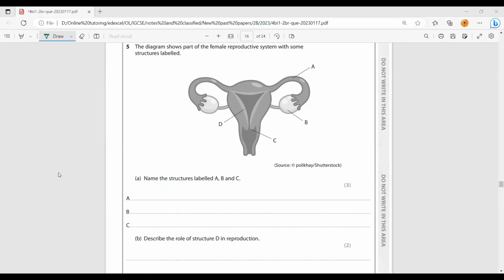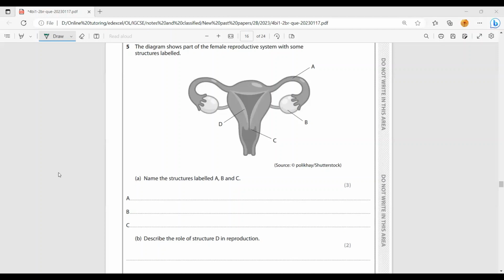Bravo. Describe the role of structure D. At the beginning, tell me, what is structure D, Mohamed? D is the uterus.